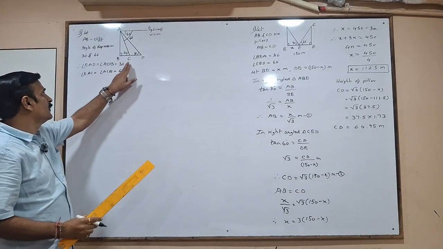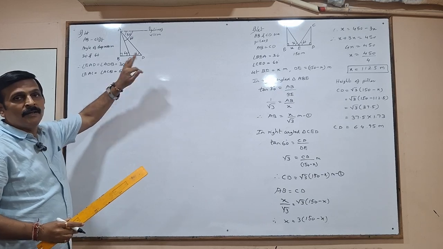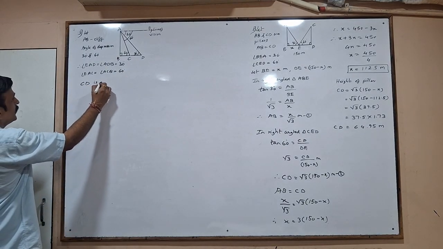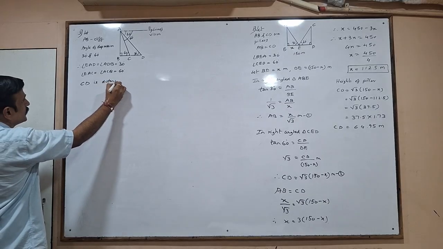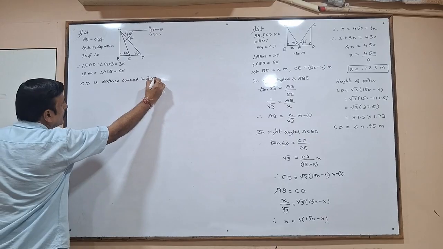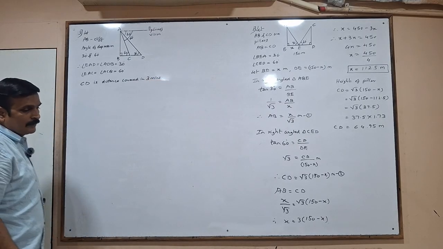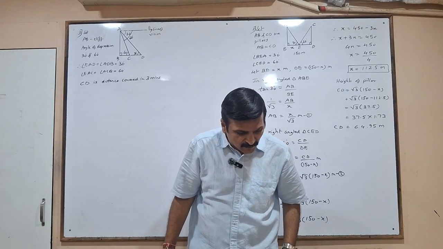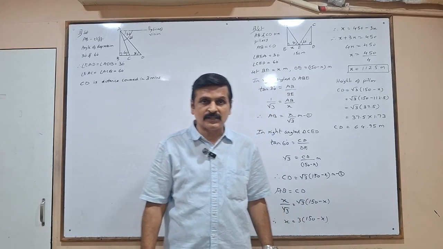This distance is covered in 3 minutes. CD is distance covered in 3 minutes. It is mentioned in the question, 3 minutes later the angle of the boat is found to be 60 degree.